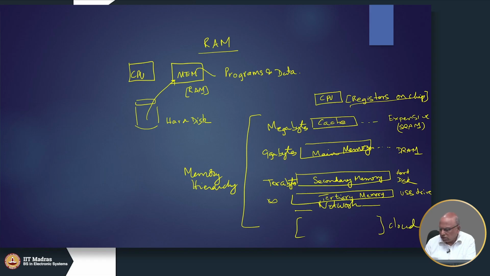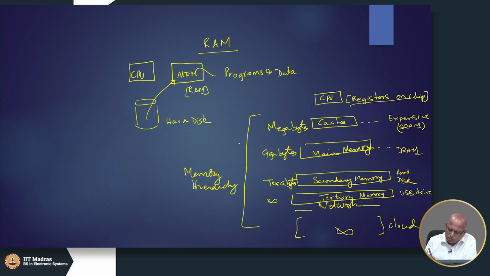Secondary memory is your flash and hard disk, etc. And as you know, this can be infinite. We can store our data in some other server and we can fetch it whenever we require it.